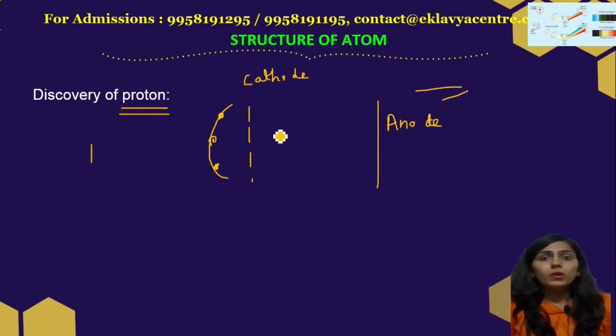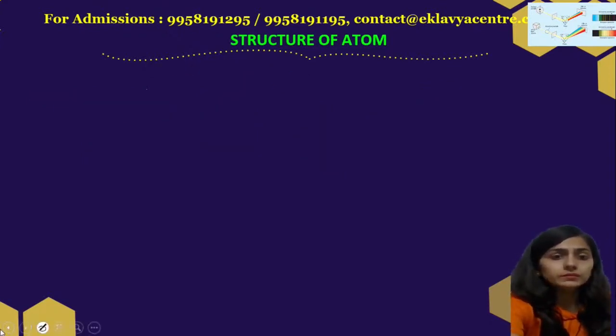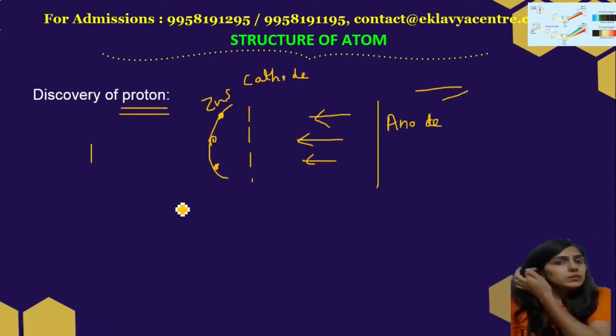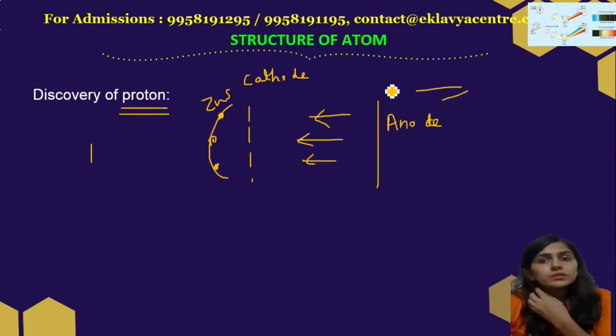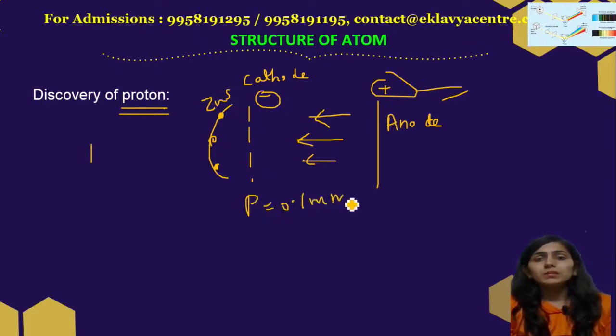This is ZnS again. We will be observing some light on this, right beta? So similarly, now this is positively charged and this is negatively charged. The difference is the pressure that we took this time is only 0.1 mmHg, meaning this time vacuum is not there, gaseous particles are present.